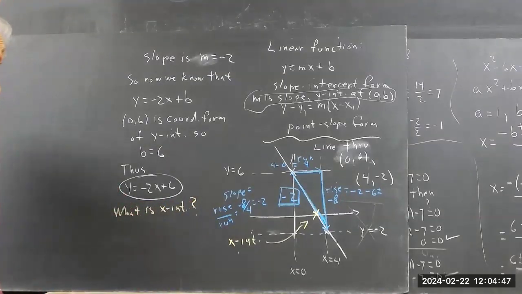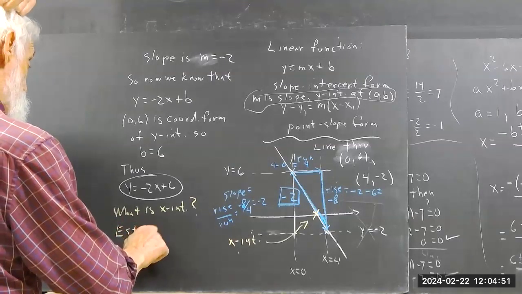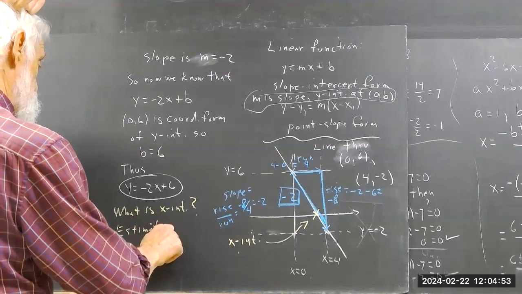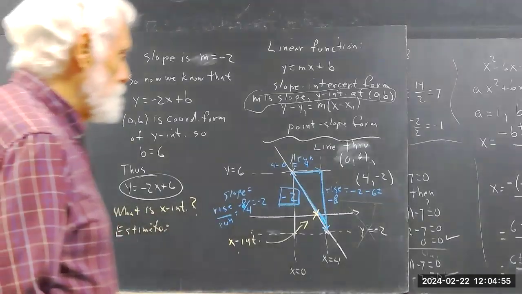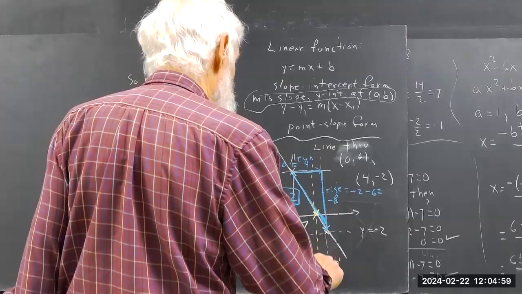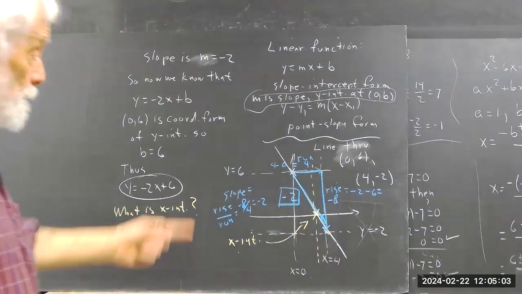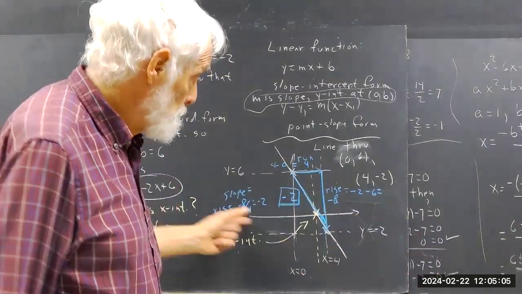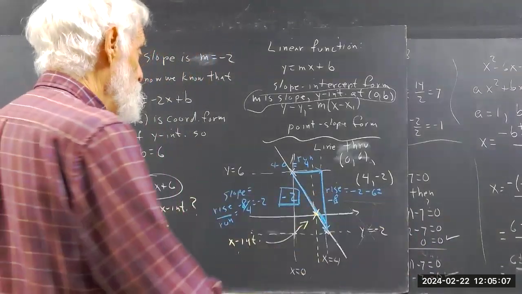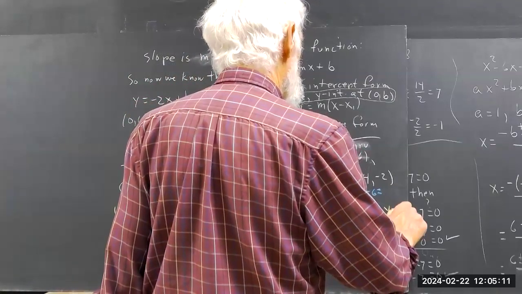What is the x-intercept? We can estimate. To estimate, we draw a vertical line through the point. We would normally draw a horizontal line through the point, but it coincides with the x-axis. Well, we might as well do that anyway. Here's y equals 0.